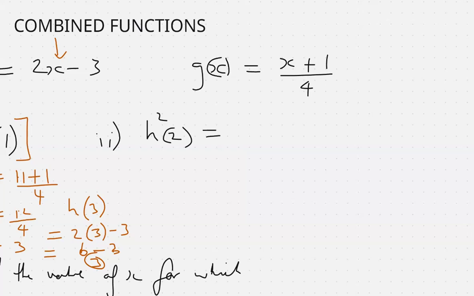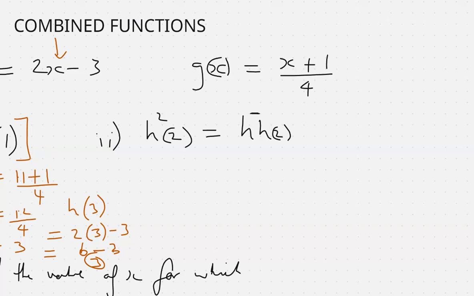So technically, I can rewrite this and make it look better: h squared of x is the same thing as h of h of x. Basically, it's kind of saying h times h, but that's rubbish. You can't say a function times a function is a function squared, but you can interpret it like that.